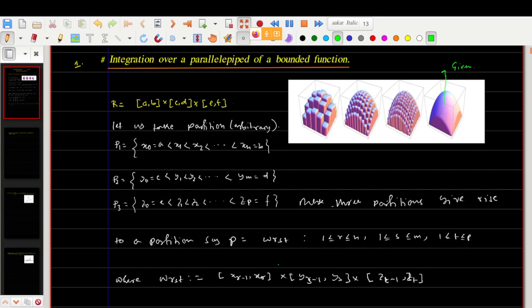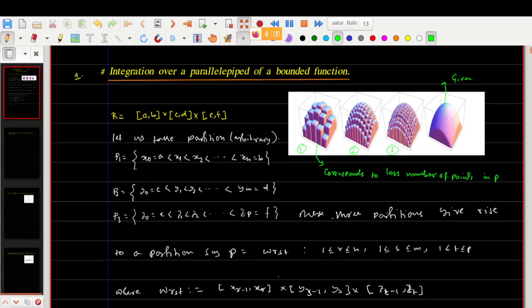Here this first partition has fewer points. The second one contains more points, and the third one contains more.